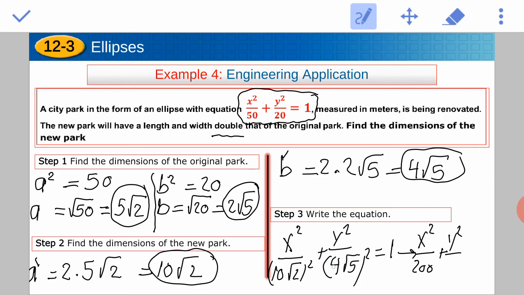The square of 4 is 16. The square of square root of 5 is 5. So 5 times 16 is going to be 80. Everything equals 1. This is the equation of the new park after the renovation process.